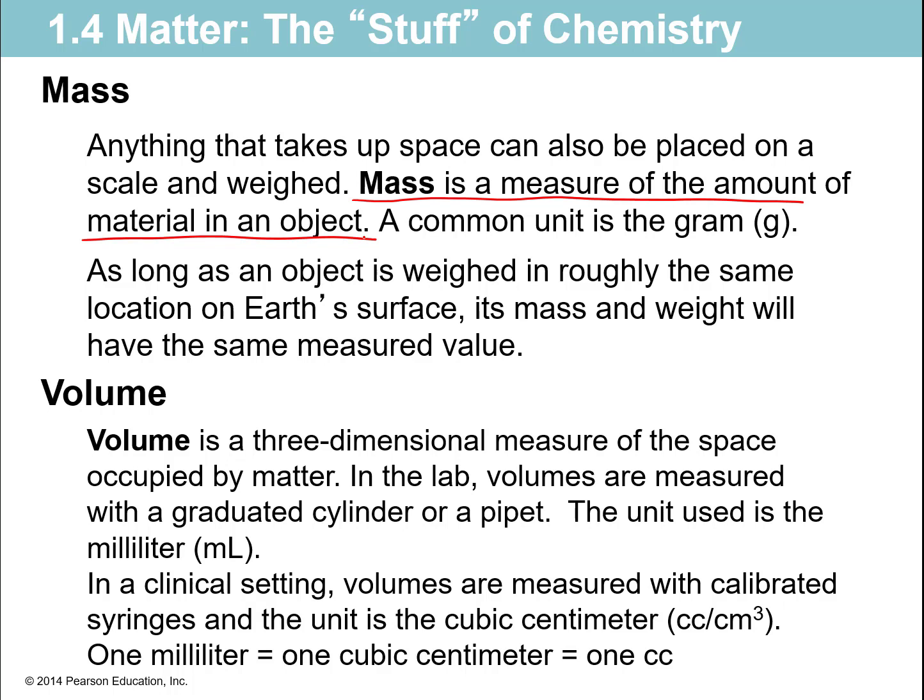We use the balance in lab to measure things in mass. If you were in space, you wouldn't have the same weight, but you would still have the same mass. Your atoms, the particles that make you up, would still be the same. But everybody just thinks of weight and mass as the same, and on Earth, pretty much.